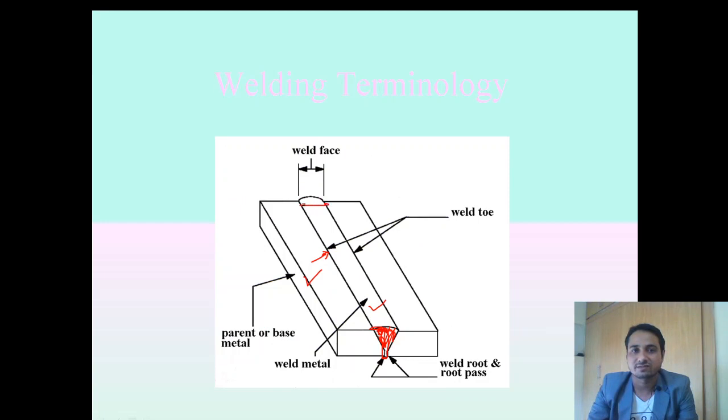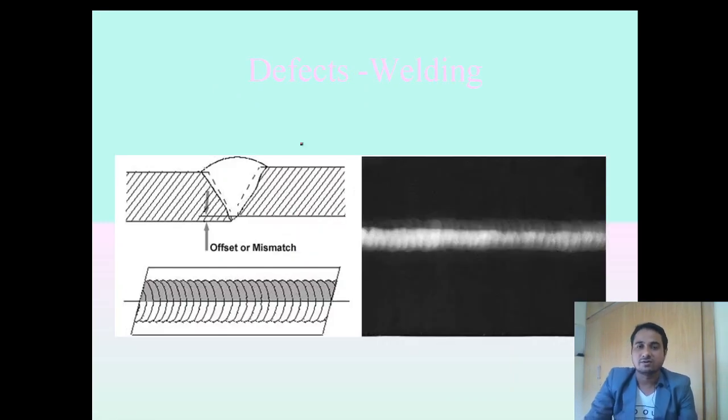So this is the basic terminology which we will be seeing in our next videos. Now we will come to the different types of welding defects, starting with mismatch. During welding the fit up is very important.